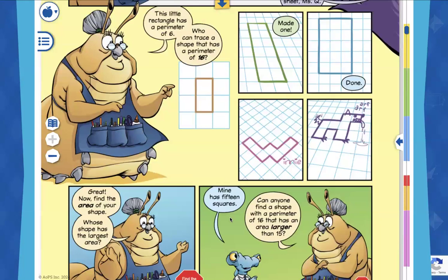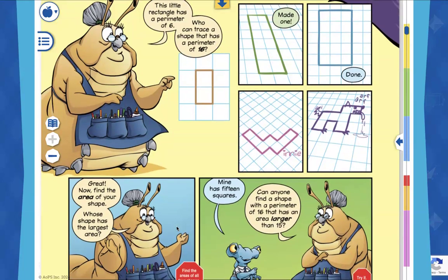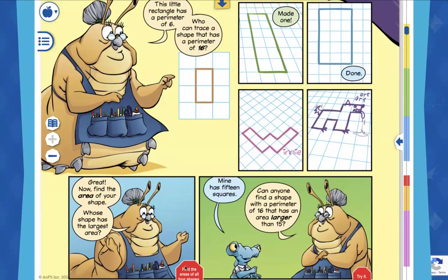Okay, now find the area of all the 4 shapes, all of you. You're going to come up with the answer first before I move on. It's okay if we take time. Go ahead. 1, 2, 3. Take your time. The figure is on the board. 12, 15, 8, 8.